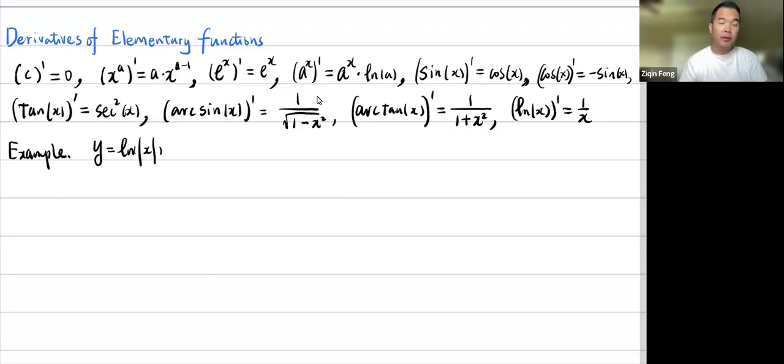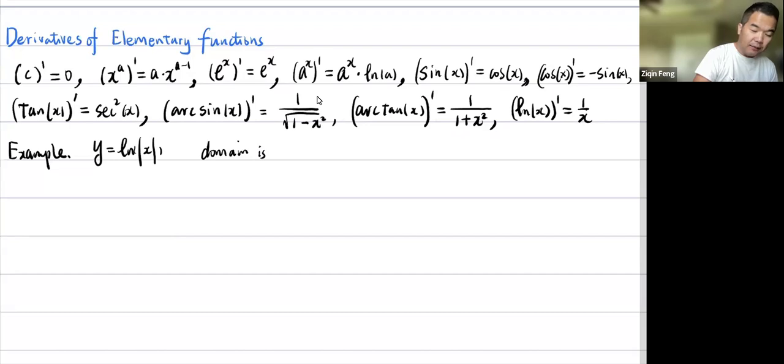So if you have y equal to natural log of x, the domain is all positive numbers, right? But here we are taking the absolute value of x. So the domain of this function is everything but 0, right?